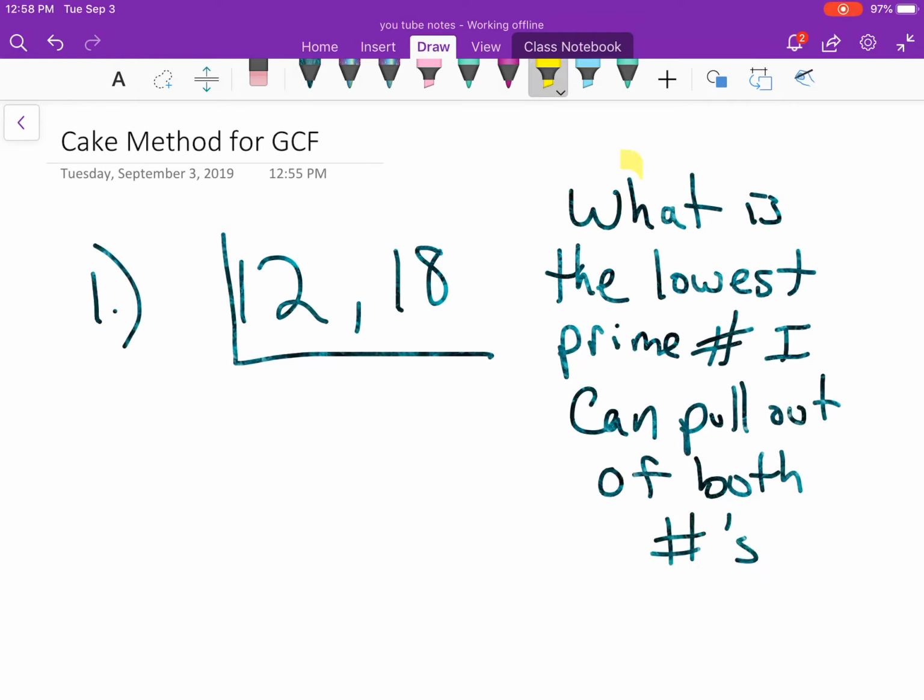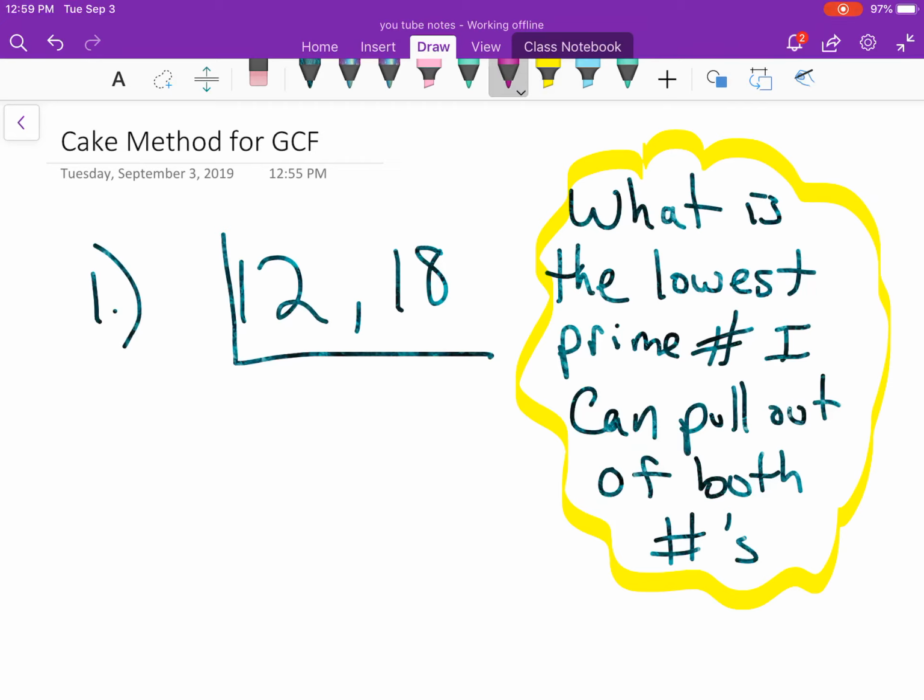And you ask yourself this question every time you do it. Okay, so what is the lowest prime number I can pull out of 12 and 18? The lowest prime number I can pull out will be 2. They're both even, so I can pull out a 2.